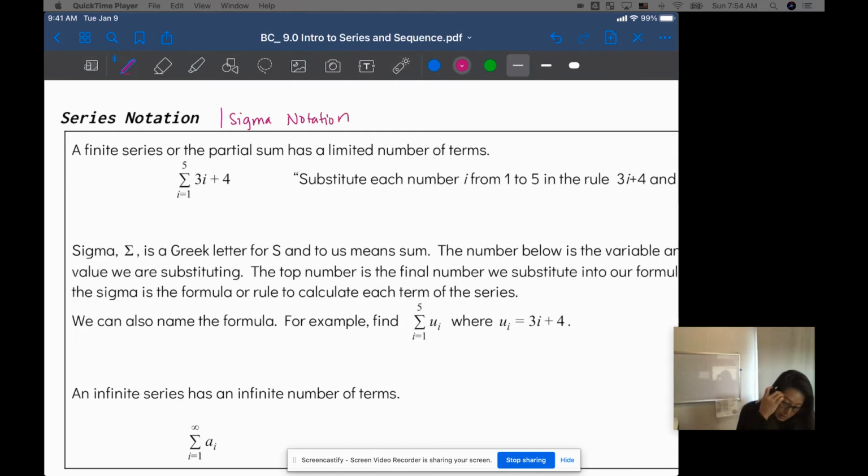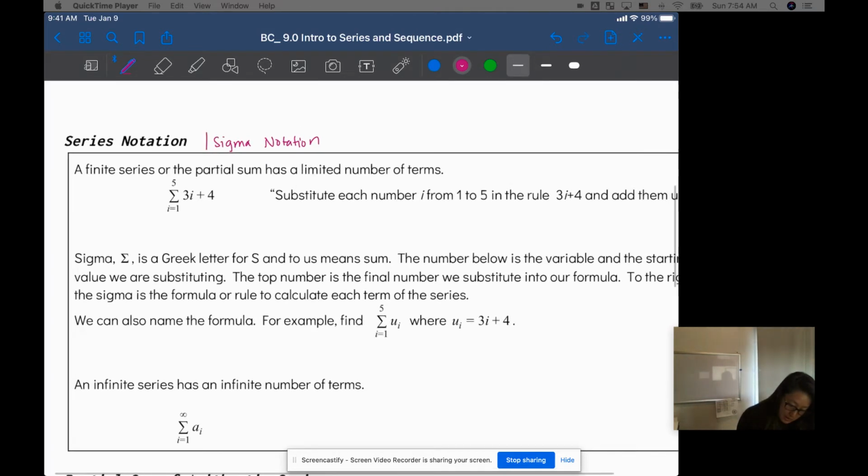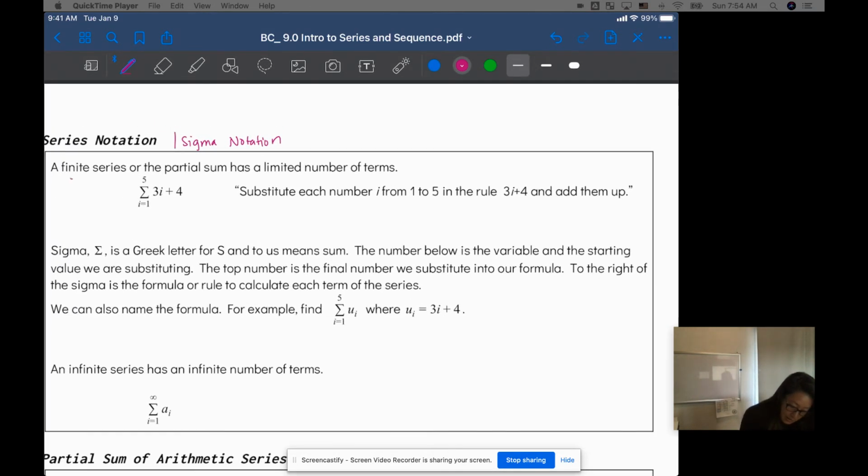Okay. And so if I were to read this, a finite series is when we have a partial sum. So we have a limited number of terms. So you can see here that our sigma notation runs from i is equal to 1 to i is equal to 5. And we're plugging it into 3i plus 4. So we're substituting in each number i from 1 to 5 in the rule 3i plus 4, and then we add them up.